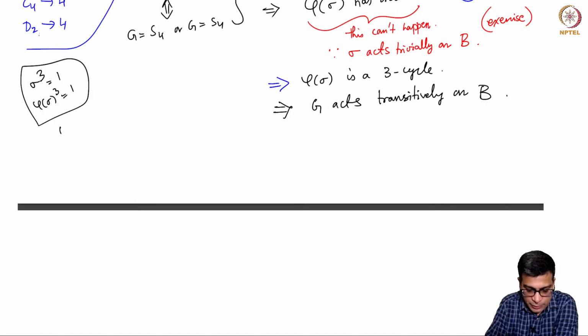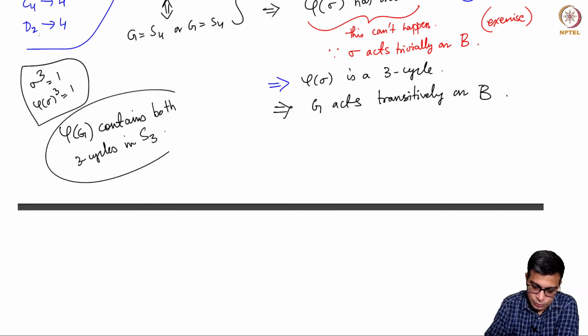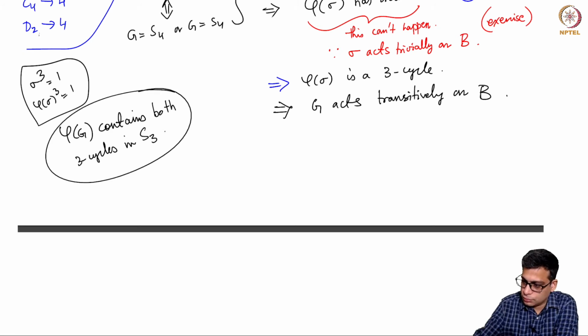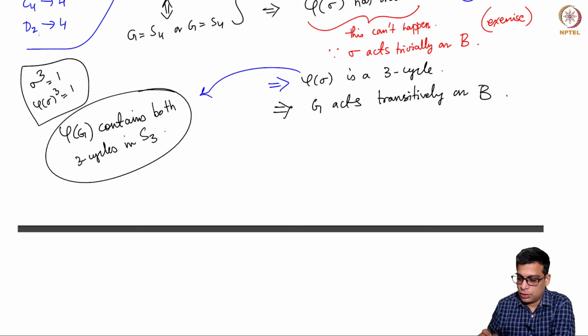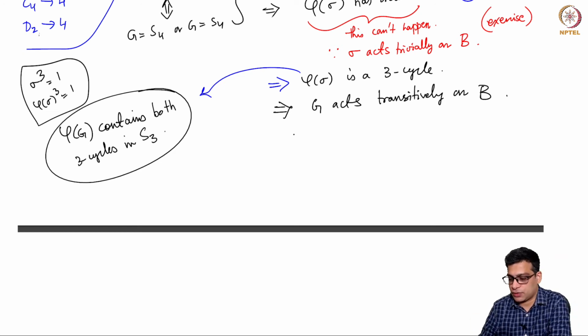So that means the image of G contains both 3 cycles in S3, because phi of G contains phi of sigma as well as phi of sigma squared. So phi of G is a transitive subgroup of S3. That means G acts transitively on B.